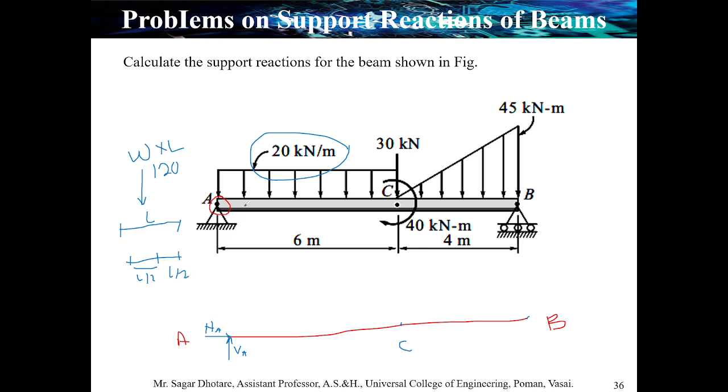It means that the magnitude calculated is 120 kilonewton, and the distance is L by 2, that is 3 meter. So from point A you can mark a point at 3 meter, that is from this point to this is 3 meter, and you can place a single force in the downward direction having a magnitude of 120 kilonewton.